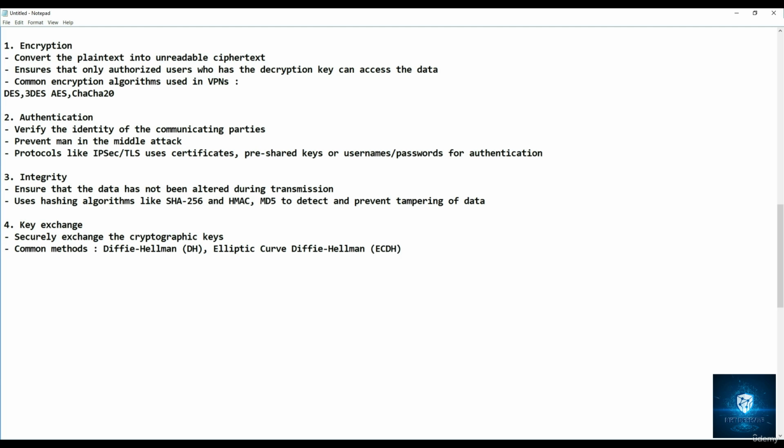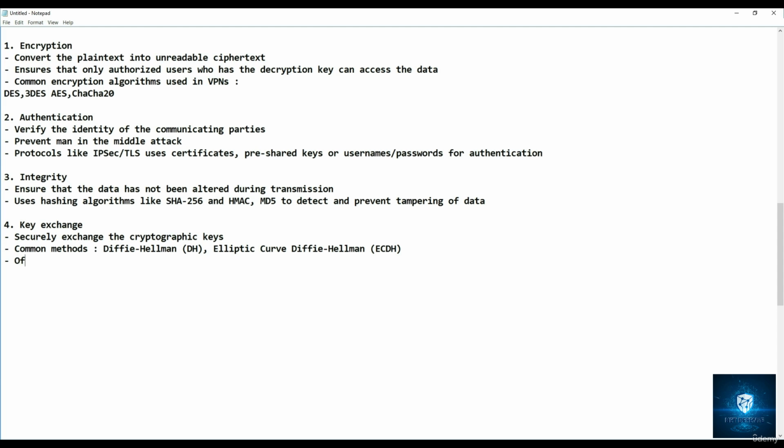The most popular and common one is Diffie-Hellman, and it is very strong. The cryptographic keys generated using the Diffie-Hellman algorithm are very secure, very strong, and unbreakable.